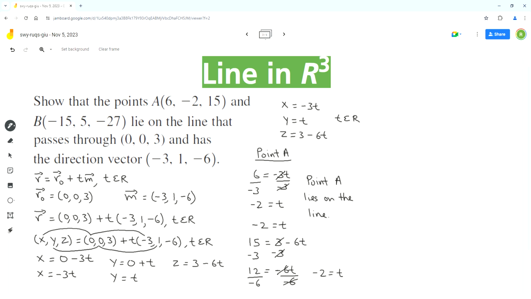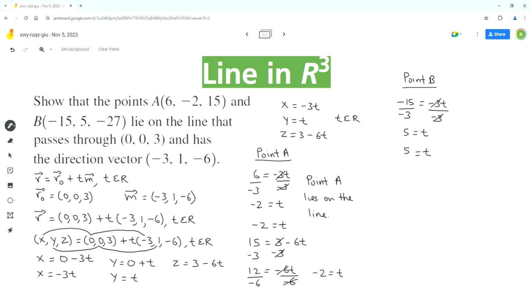Now we can do the same analysis for point B. So let's start with the x equation. We should sub in x as -15. I get t equals 5. Next we can sub in y as 5. So I get t equals 5.